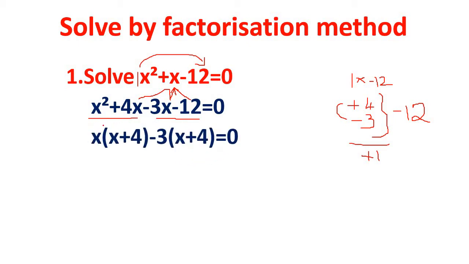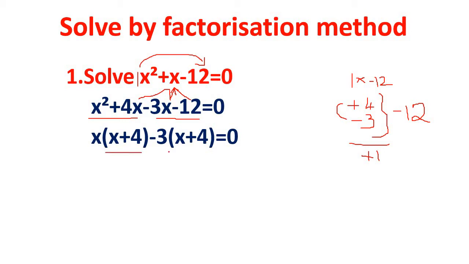So x is outside, x plus 4. Minus 3x minus 12, the factors are 3. If you take out minus 3 as common, it becomes x plus 4 is equal to 0.